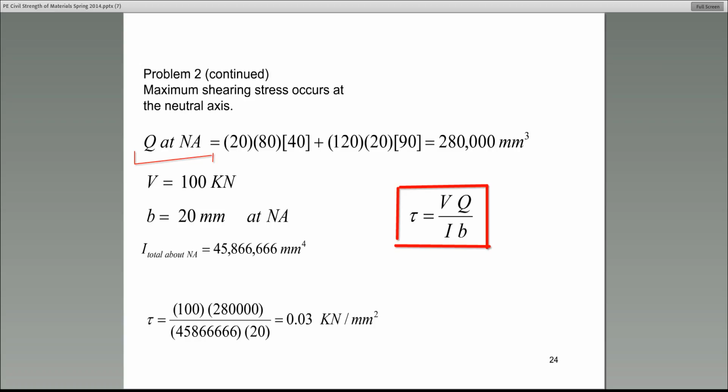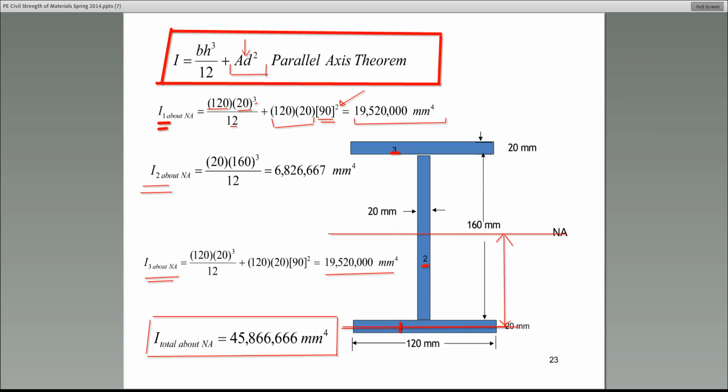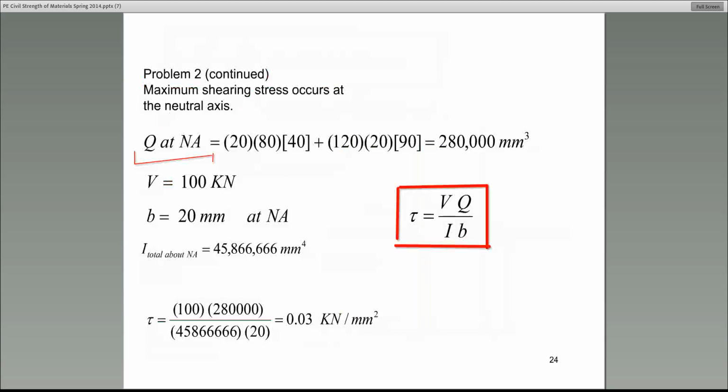So you must recognize the maximum shear stress is at the neutral axis, and knowing that, what would you use for B, the width? Well, at the neutral axis, the width is 20 millimeters, and that's what I used for B.